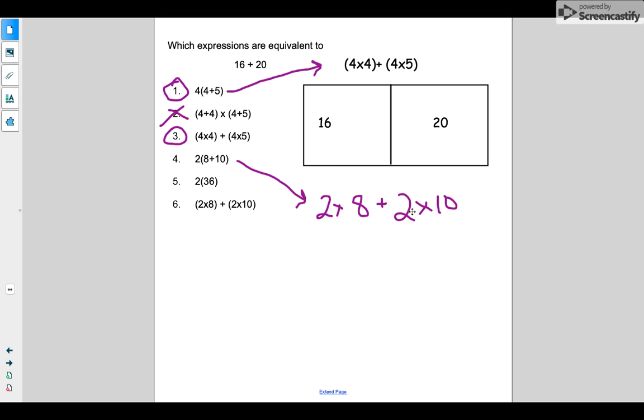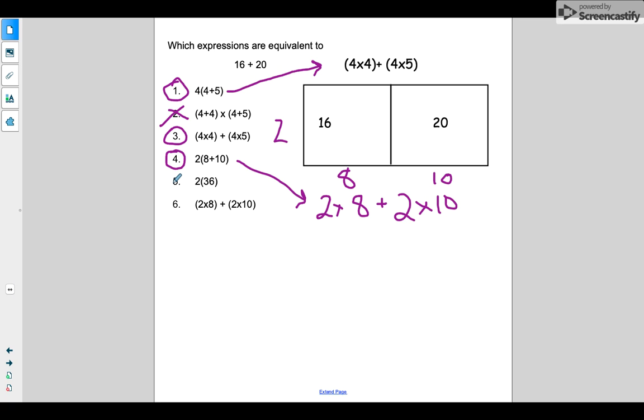And that second box, 2 times 10 would give me 20, and then I'm adding them together. So here, they decided that they would make this array a 2 by 8, and then 10. That also works. It's just a different number that they factored out. So number 4 would work.